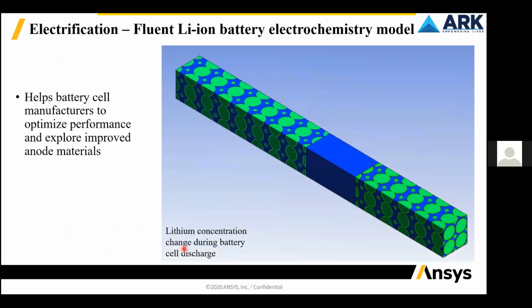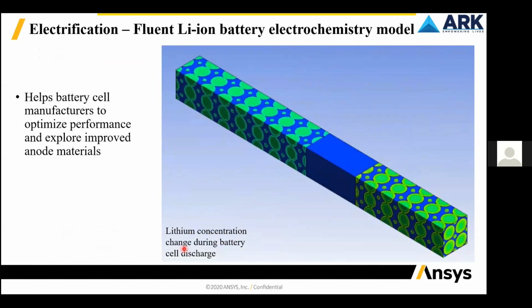Then, as I told, this is the lithium ion battery electrochemistry model that is available in ANSYS itself. This is for battery manufacturers that need to fit the amount of power into a battery pack that achieves unprecedented size, weight, and cost goals.